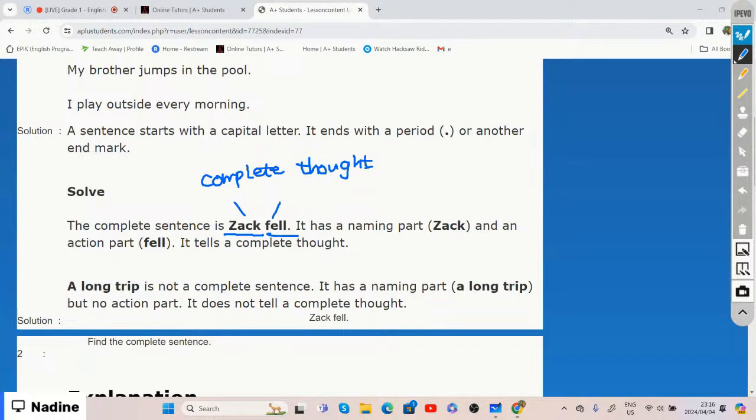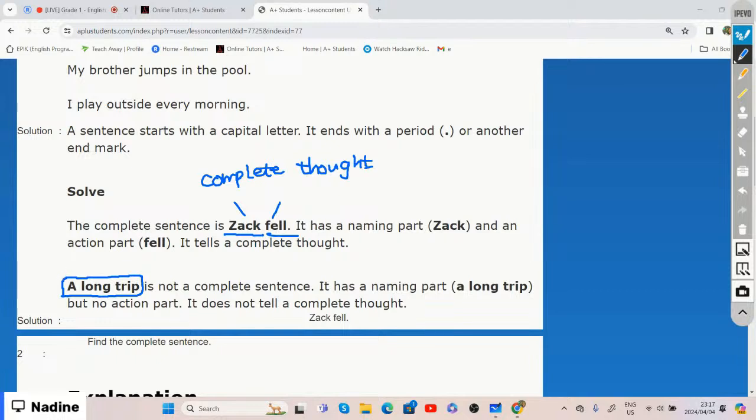If we were to look at the sentence that says "a long trip," we can't even say that it's a complete sentence because it has a naming part, which is "a long trip," but it does not have an action part.